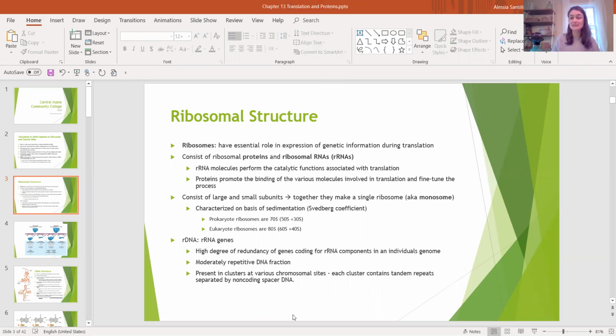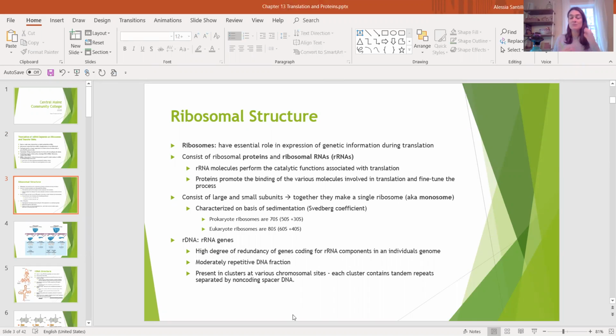But the main thing, the actual catalytic part of a ribosome, and so therefore the part that actually allows the ribosome to carry out its role, is going to be made out of rRNA, also known as ribosomal RNA. There's a lot of ribosomal RNA that makes up the structure of the ribosome.